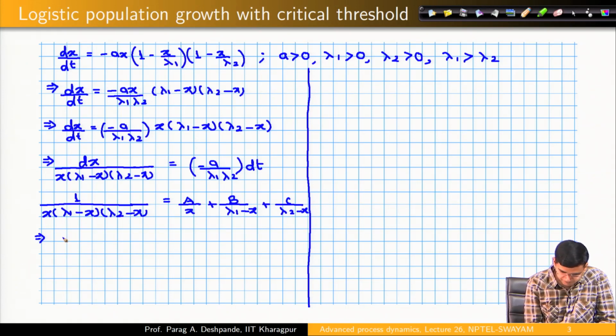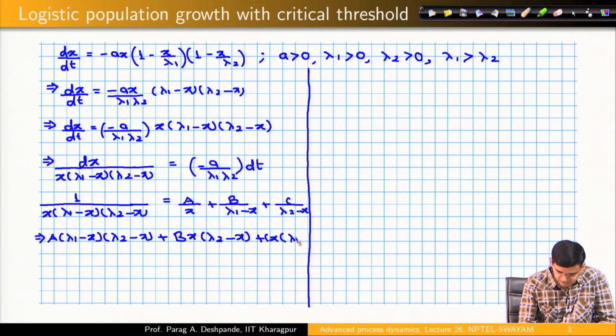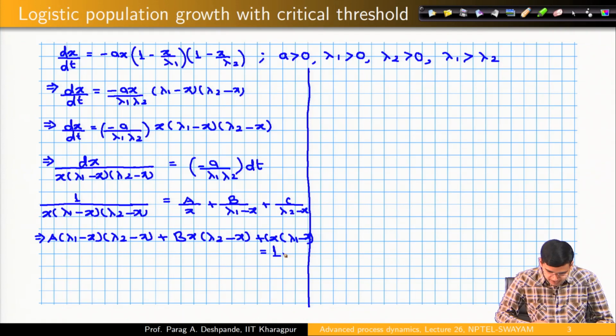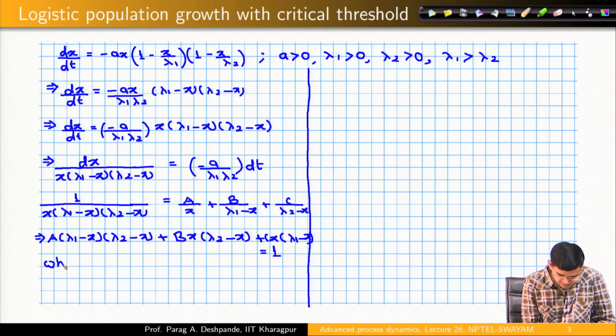I can write a multiplied by lambda 1 minus x, lambda 2 minus x, plus b x, lambda 2 minus x, plus c x, lambda 1 minus x must be equal to 1, and I now need to determine the values of a, b and c. Now, when x is equal to 0, a multiplied by lambda 1 multiplied by lambda 2 should be equal to 1. So, I can write a is equal to 1 upon lambda 1 lambda 2, right.